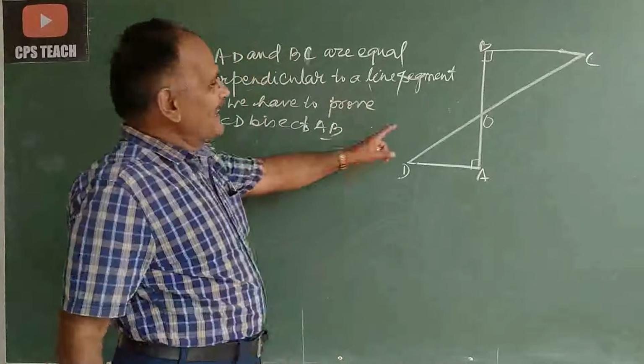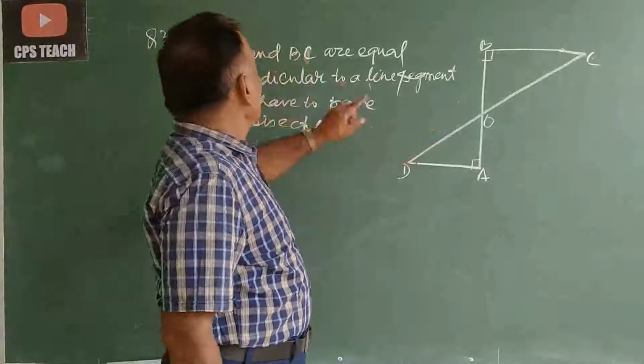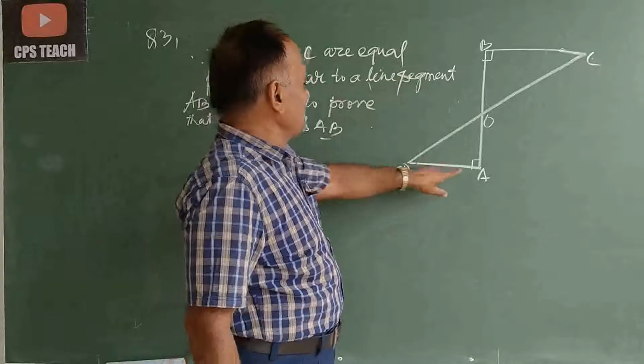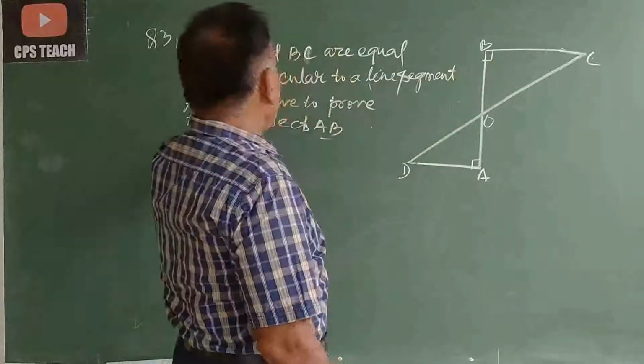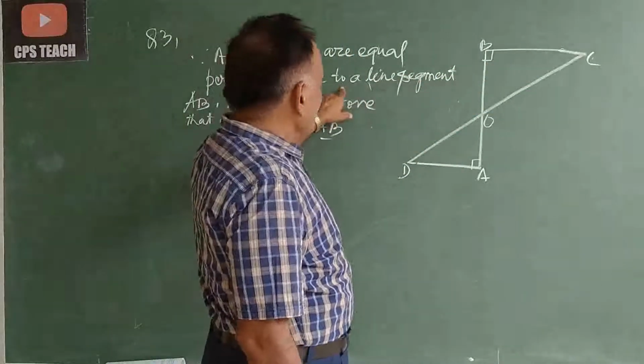This is the question, and the figure is on the blackboard. AD and BC are equal perpendiculars to a line segment AB.